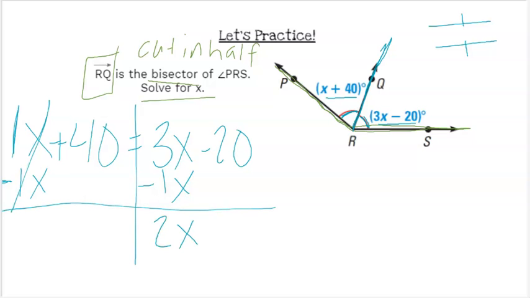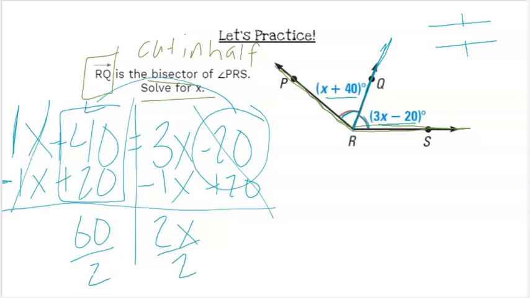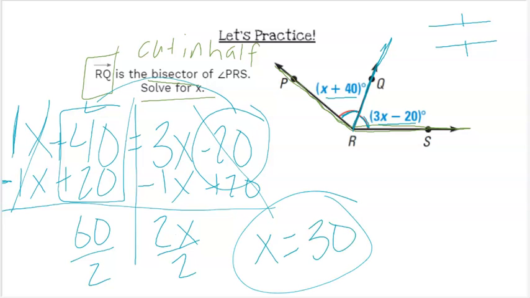We have 2x, and then we can move that minus 20 over to join the 40 by undoing minus 20 with plus 20 on both sides. 40 plus 20 is 60. Get x by itself by dividing, undoing that multiplication. 60 divided by 2 is 30. So we know x equals 30.